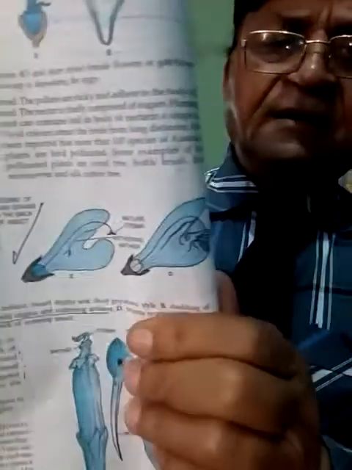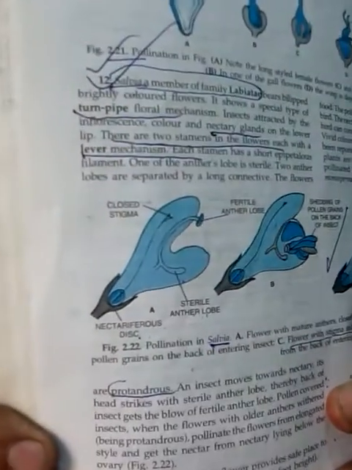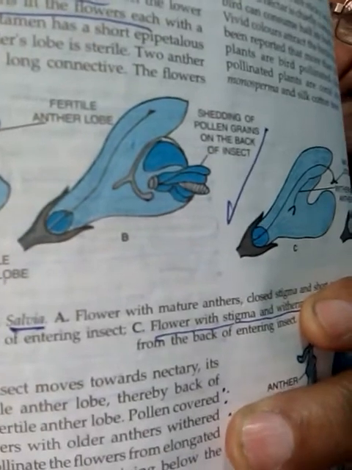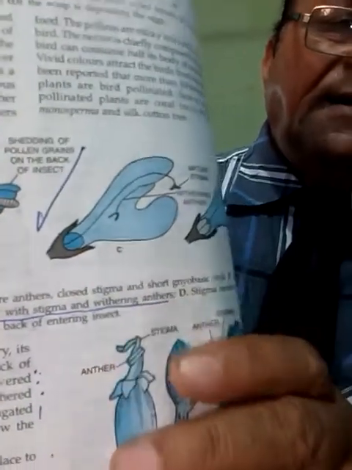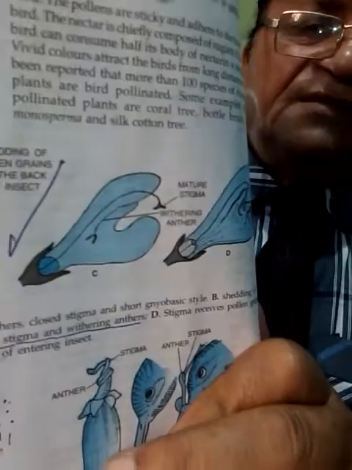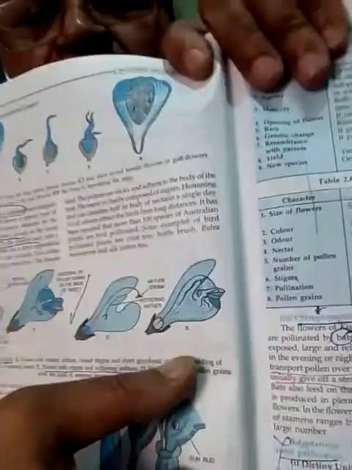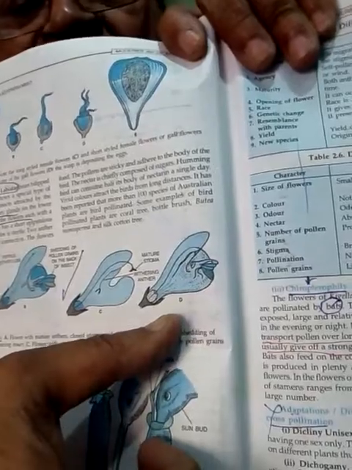The insects sit on the plant, and the pollen grains stick to the back of the insect, and when it goes to the other flower, the stigma touches the back of the insect, and the pollen grains stick to the stigma. From anther to stigma, pollen grains are transferred from one flower to another with the help of the insect.